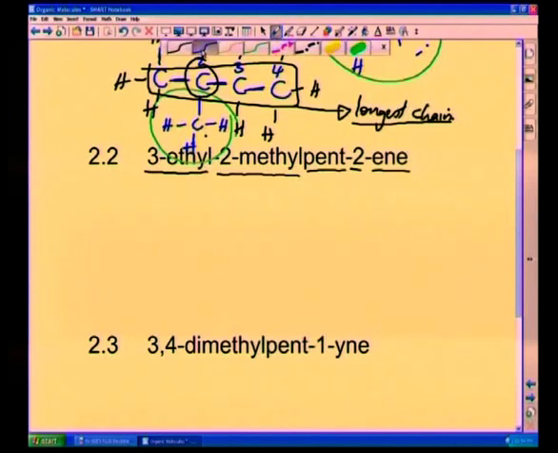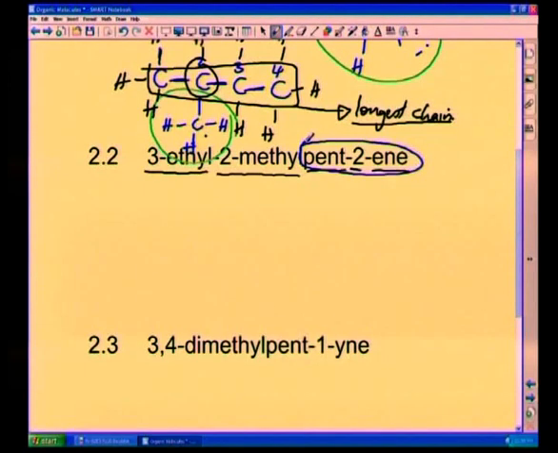From here to there, we are getting the longest chain. We are getting what is the root of our molecule here. 5 carbon atoms, pent. Let me write them down here. It's 1, 2, 3, 4, 5.